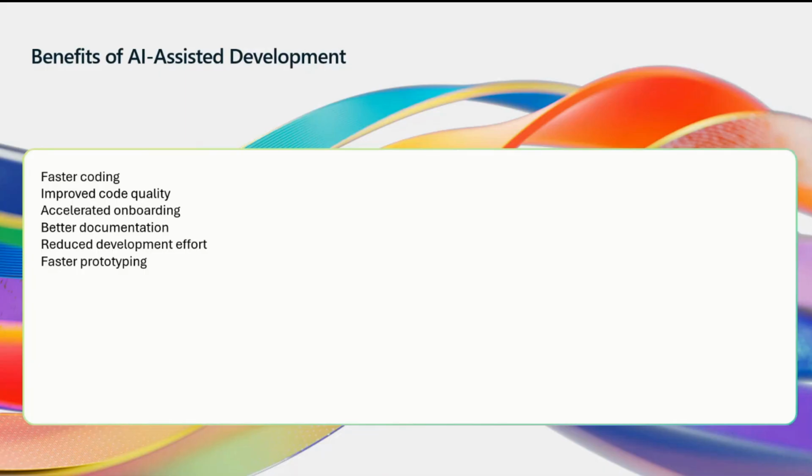Accelerated onboarding. There was a developer once who had no experience in building Spring projects, but had enough experience in Java EE, Java Enterprise Edition. Copilot will help this person learn the Spring framework, or any new framework, much faster and start writing code much faster.